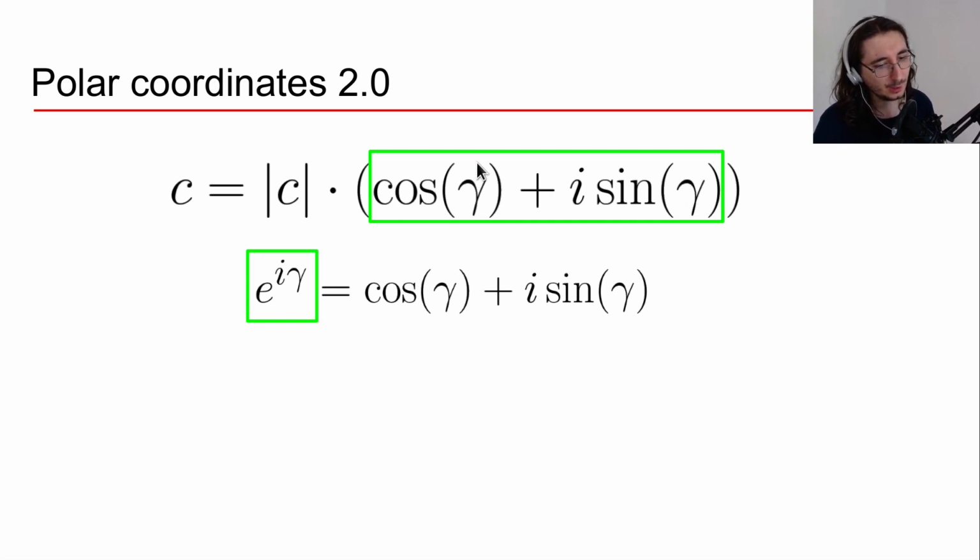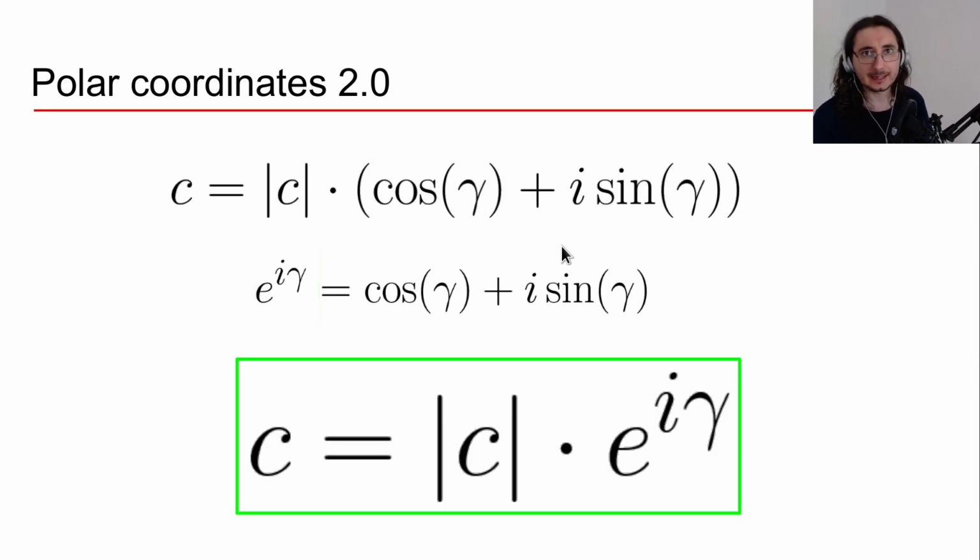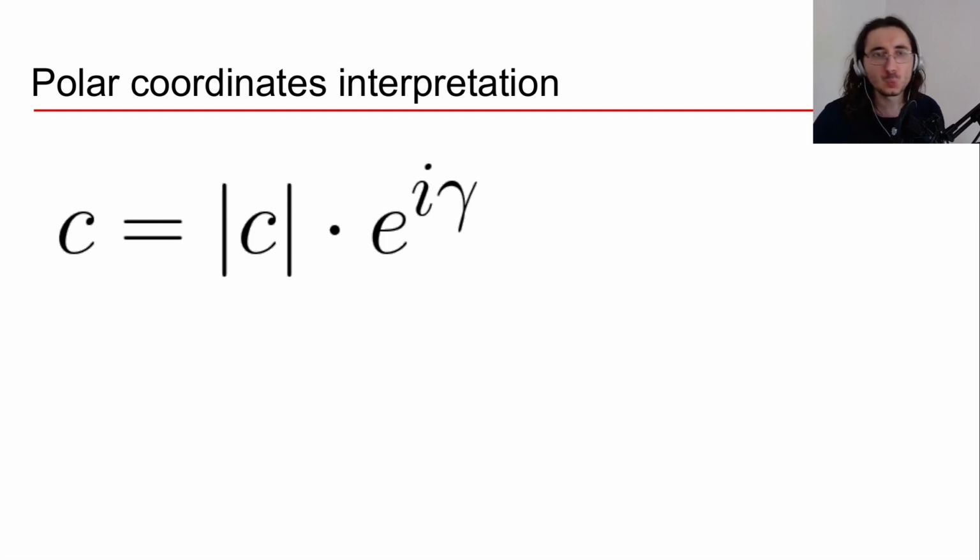This here is basically our exponential. So what we can do is take this exponential and plug it in here. And so we can rewrite our polar coordinates like this: a complex number c is equal to the absolute value of c times e to the i times gamma. Great. So isn't this wonderful?